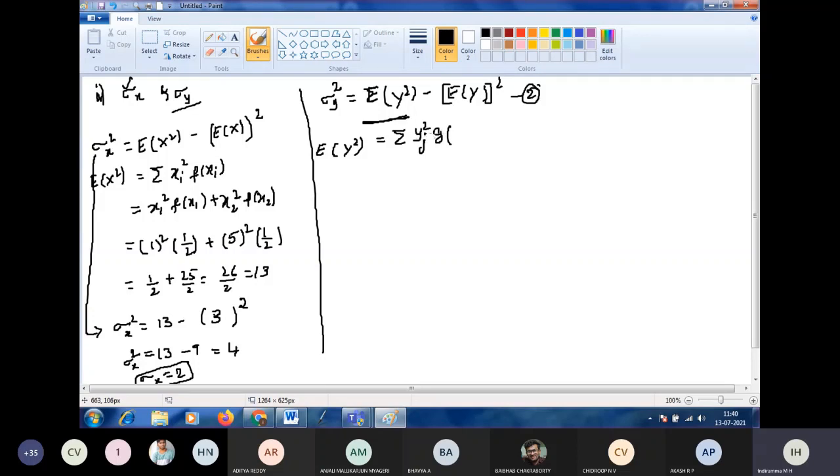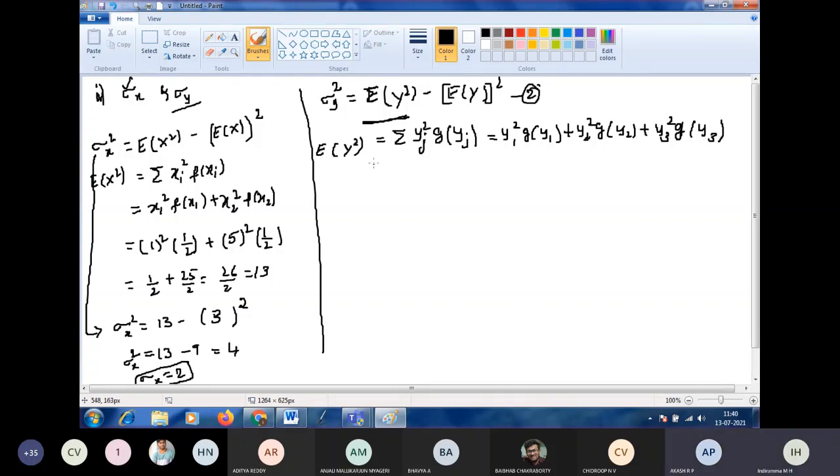Along with y always you should take g of yj. So that is y1 square into g of y1 plus y2 square into g of y2 plus y3 square into g of y3. I think only up to y3 we have, right? Do you have y4 also?